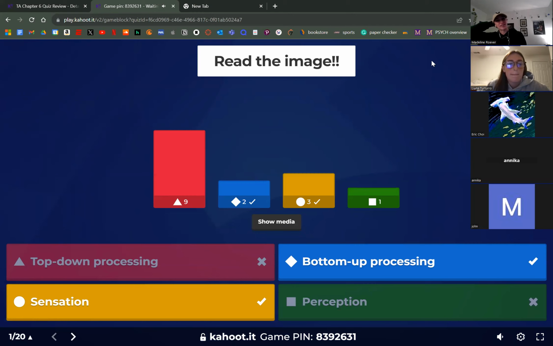Alrighty, so this one was a bit tricky, but it is bottom-up processing, which can also be known as sensation. Bottom-up processing is information processing that begins with the sensory receptors and works up to the brain. In this example, Maggie is listening to the notes firsthand. She doesn't recognize the tune, so listening to the music is her way of receiving that sensation of hearing the notes.